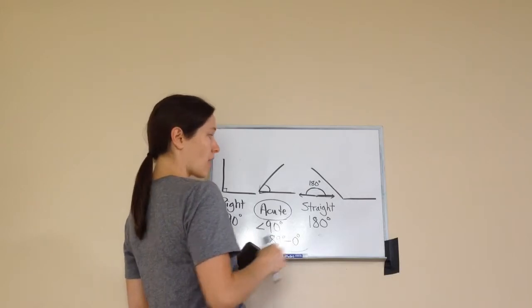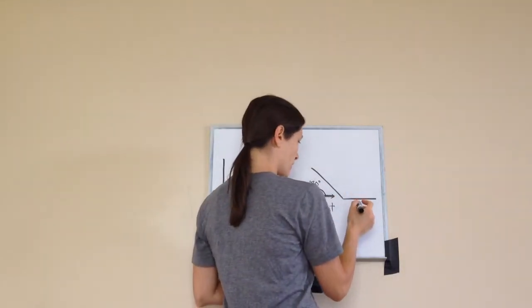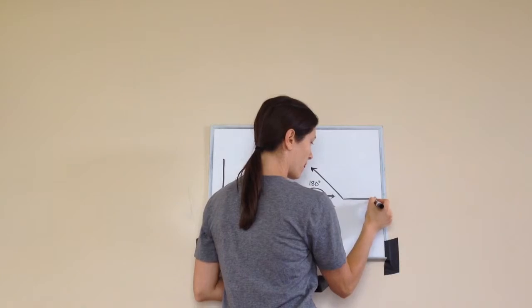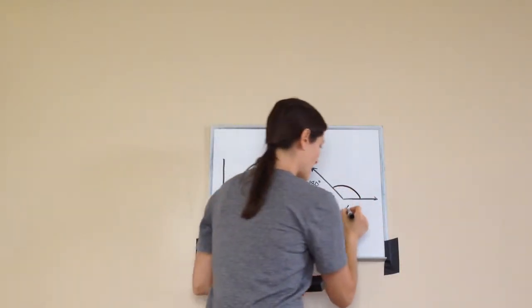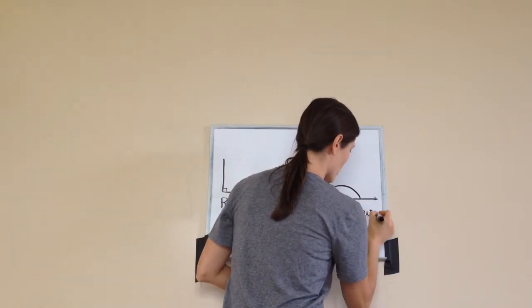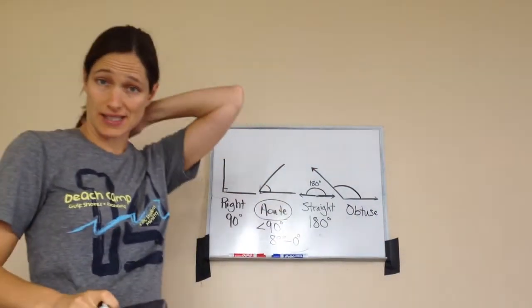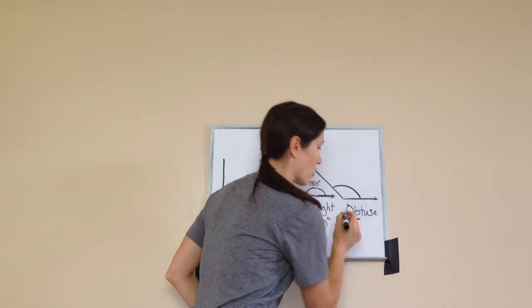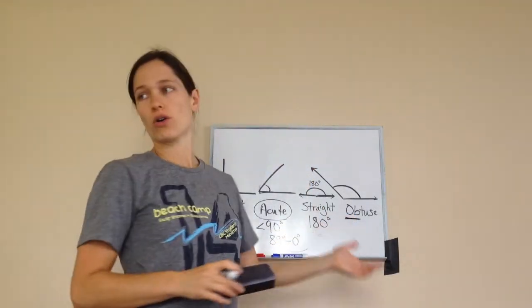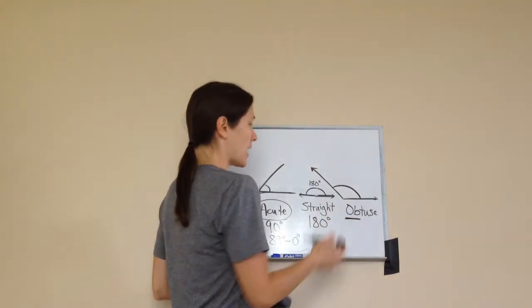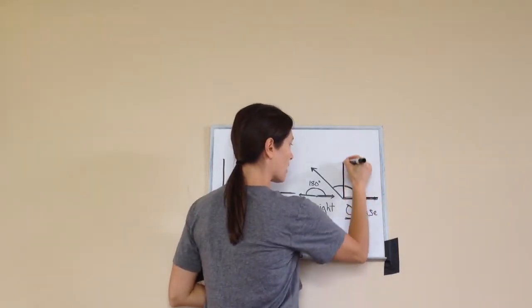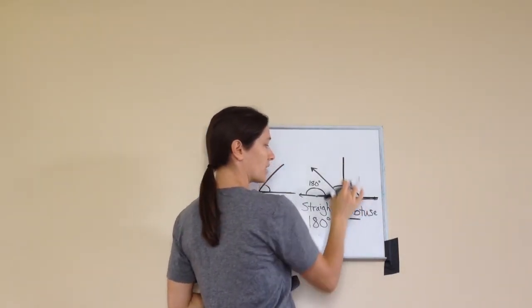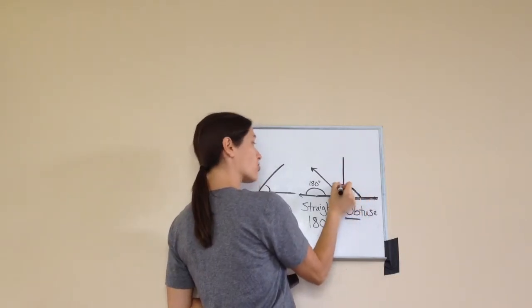Very good. And then our last one has a fat angle, and it is called obtuse. I remember that because obese, the OB is fat, and this is called obtuse. A perfect 90 degrees would be here, and as you can see, this is greater than that.